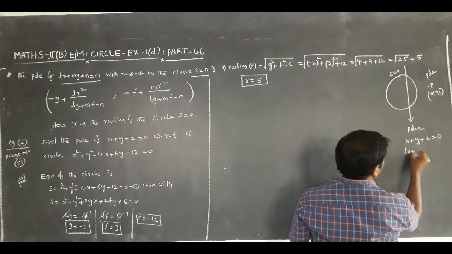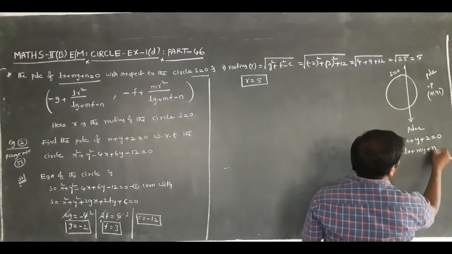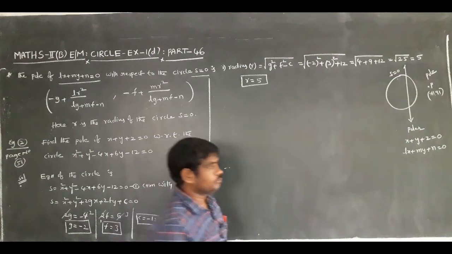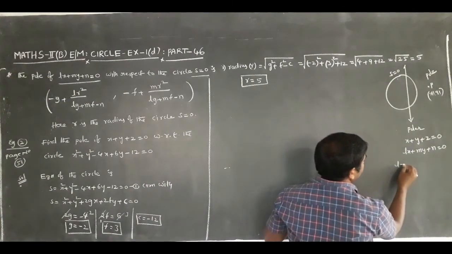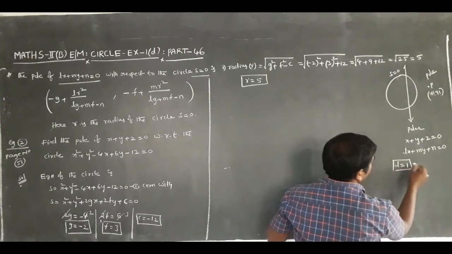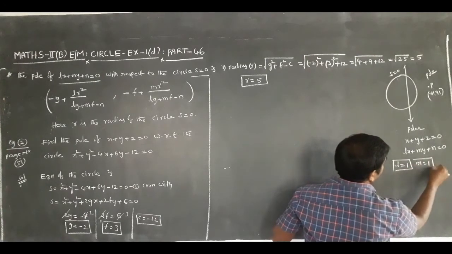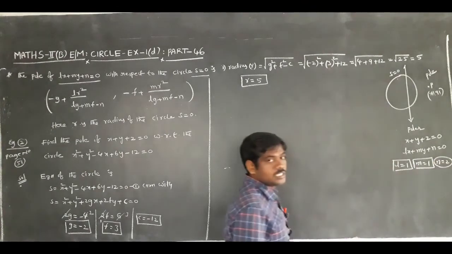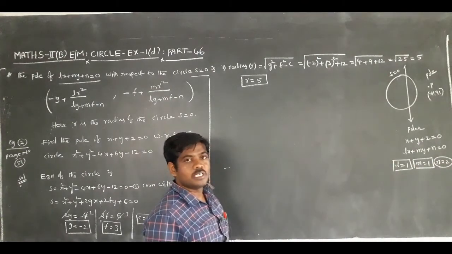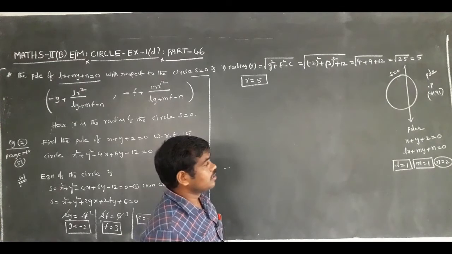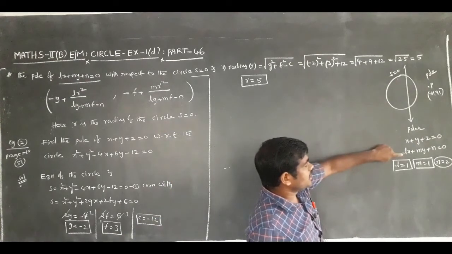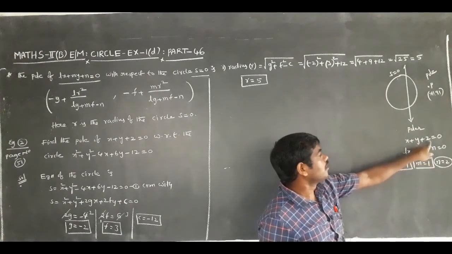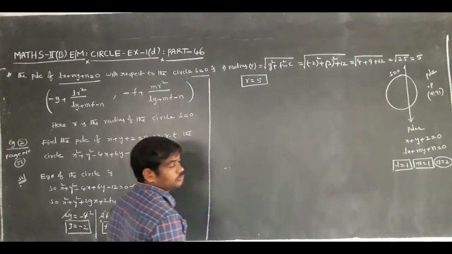Comparing the given equation with Lx plus My plus n equals 0, here L equals 1, M equals 1, n equals 2.